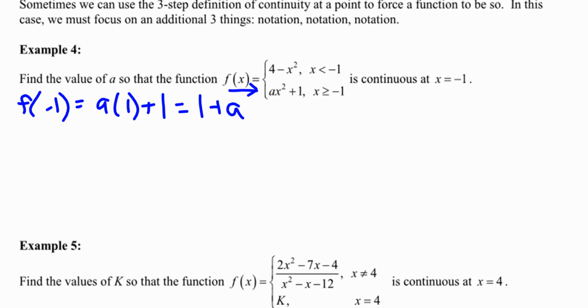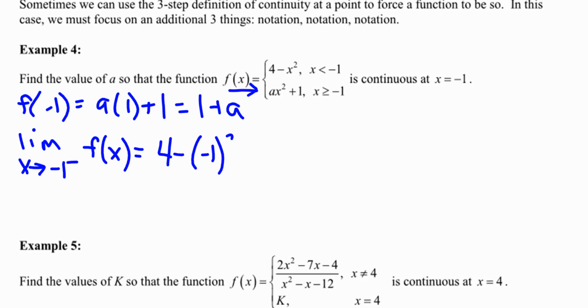We want the limits to equal that. So the limit as x approaches -1 from the left of f of x is going to be 4 minus (-1) squared, which is 4 minus 1, which is 3. We need to set that equal to 1 plus a.